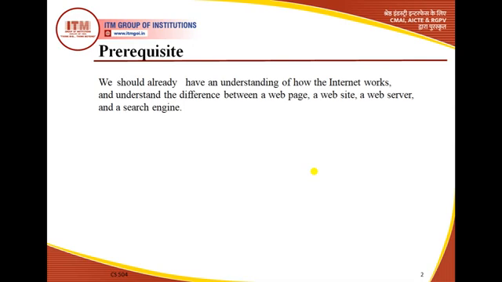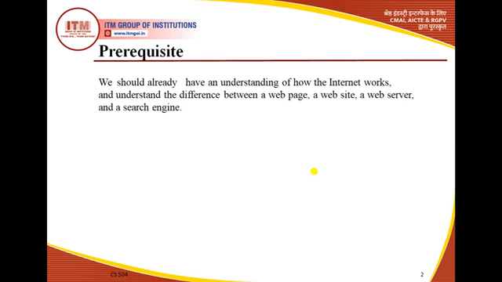Now first of all, the prerequisite for studying this particular topic is that we should already have an understanding of how the internet works, and we must understand what is a web page, what is a website, and what is a web server and a search engine. All these terminologies are not unknown to all of us.